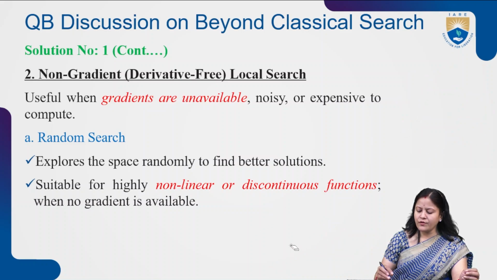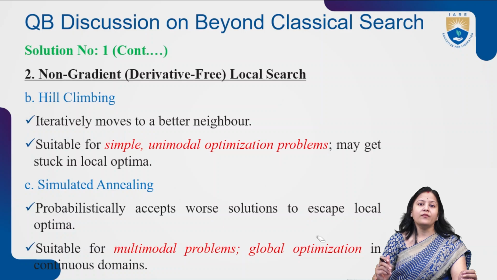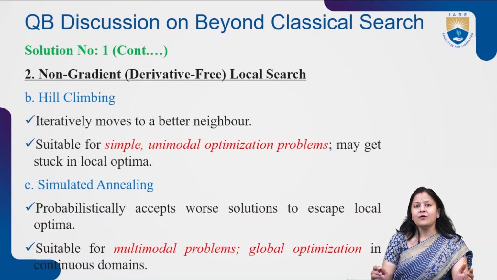Another algorithm used for the non-gradient method is hill climbing. Hill climbing is similar to random local search, which iteratively moves to a better neighbor, and it is suitable for simple unimodal optimization problems, and it may get stuck in local optima.